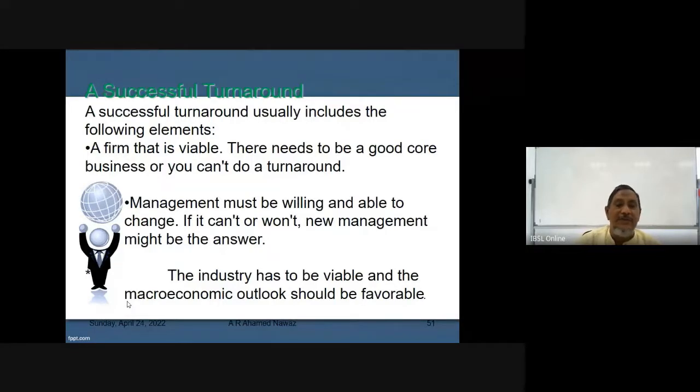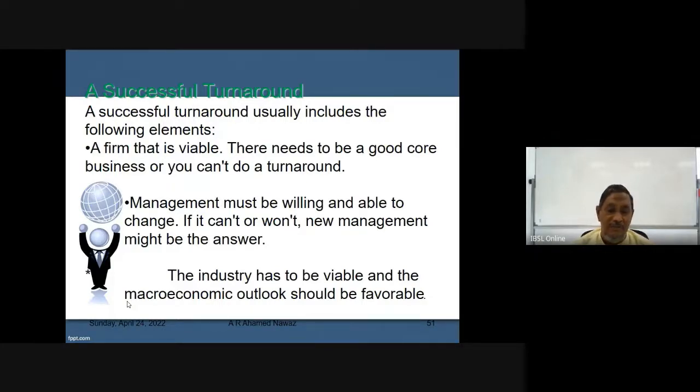So what does a successful turnaround usually include? The following elements. Third one is a turnaround. What is turnaround? Turnaround means, if a firm is viable, there needs to be a good core business or you can't do a turnaround.